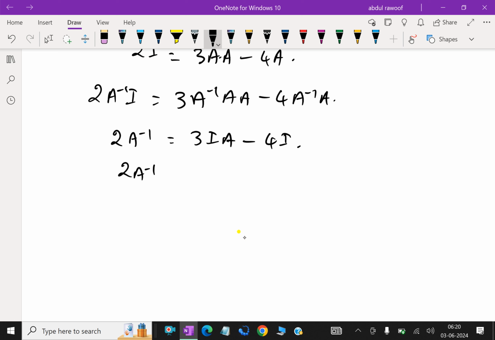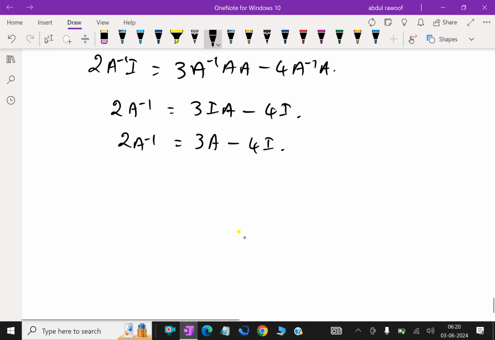So 2A inverse is 3A minus 4I. Then A inverse equals 3 by 2 A minus 4 by 2, which is 2I.